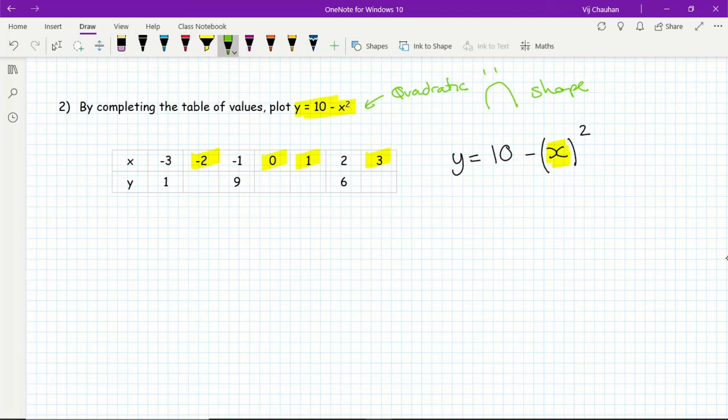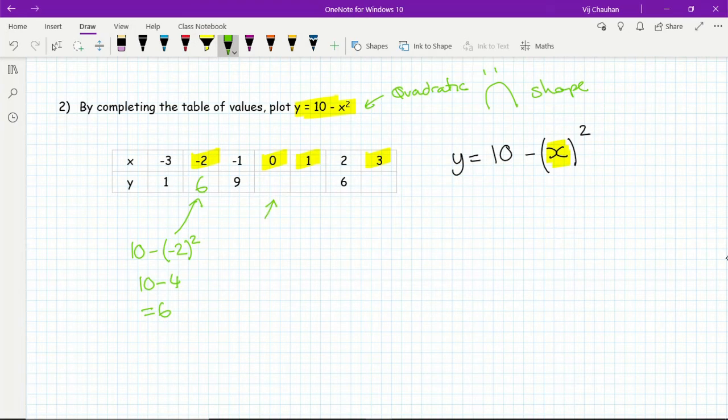Now if I was doing this on a calculator, which I'll show you how to enter as well, then I'd set the calculator just like this. However, because the equation is relatively simple, I should be okay doing this in my head. So I've got 10 minus, and then it's minus 2 squared. Minus 2 times minus 2 is positive 4, so that's 10 take away 4, which is 6.